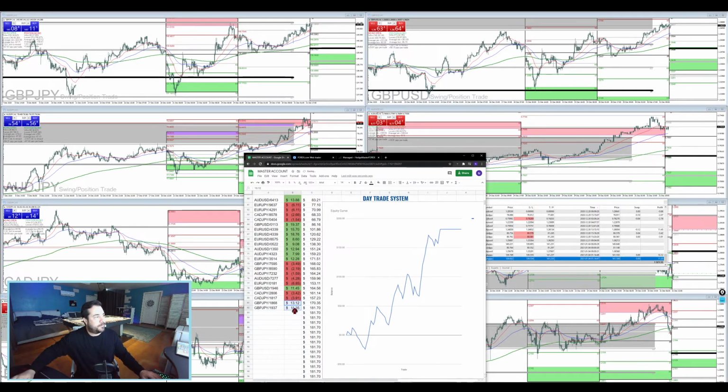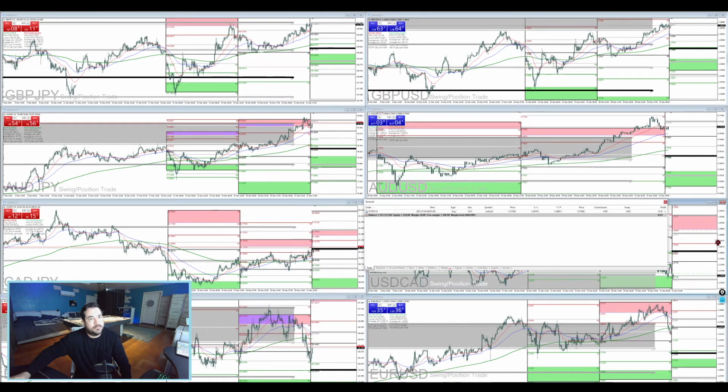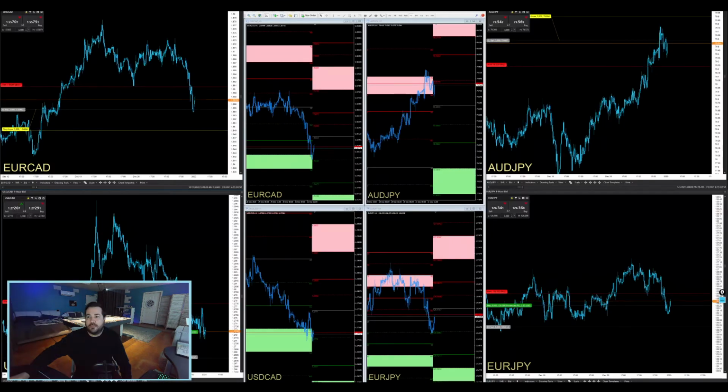Okay, there we go. We got those logged in. Still sitting about break even on both, slightly in profit on the euro yen.